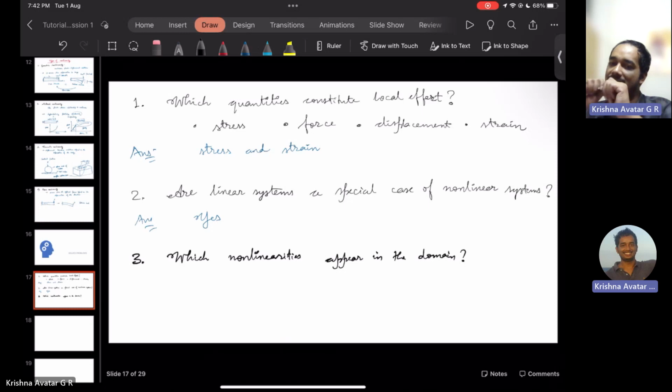And strain being a local quantity, which is formed because of the local change in the relative position between 2 different material points, this leads us to one more, geometric nonlinearity, right? So the answers are material and geometric nonlinearities appear in the domain.